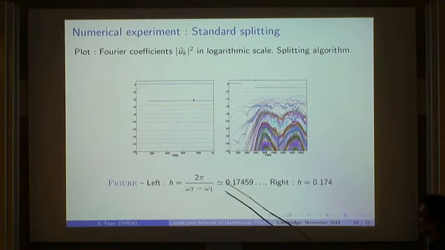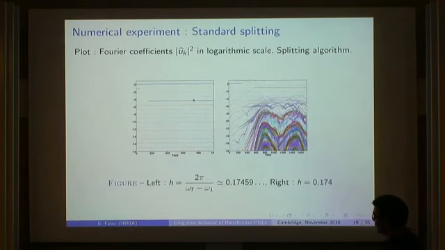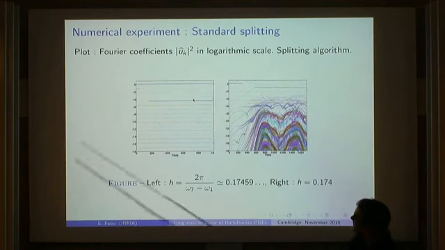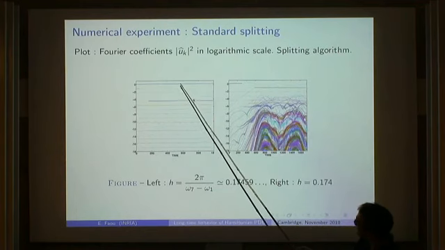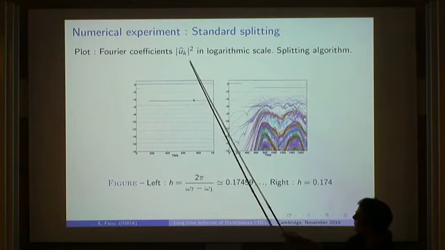Here I take h, which is exactly, it's the opposite, I'm sorry. Of course, this is in the non-resonant situation. So this is for h equals this term. And what you observe here are the Fourier coefficients in logarithmic norm, so the log of these Fourier coefficients.